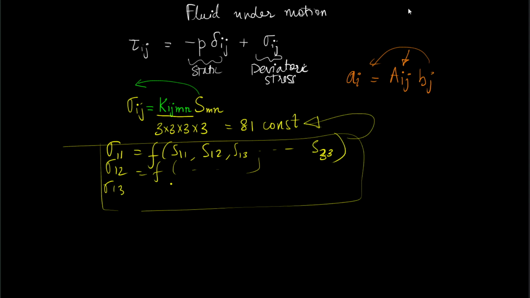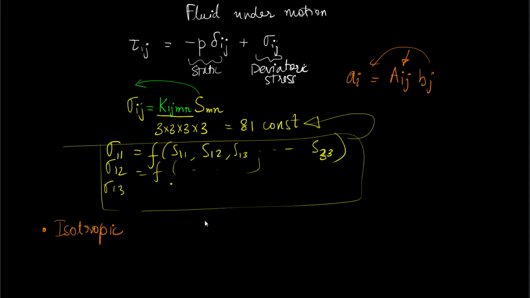So we must find various underlying symmetries in the problem which can help us simplify the expression for the stress tensor. The first requirement is that the stress tensor must be isotropic.